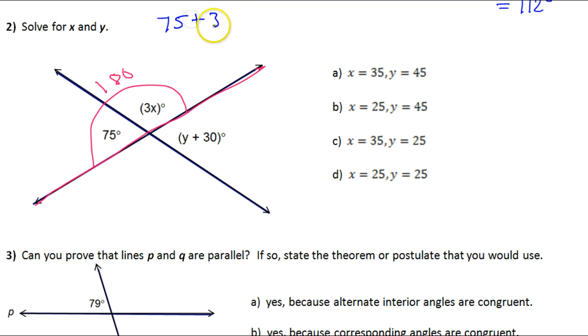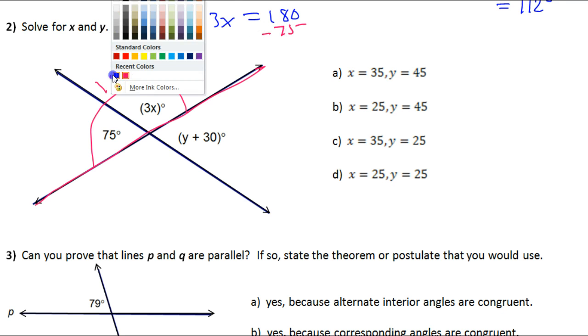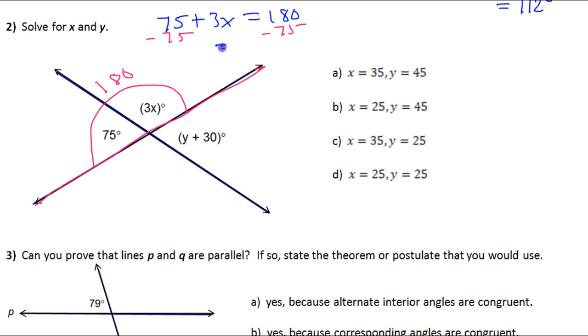So in other words, 75 plus 3x has to equal 180. You could subtract 75 from both sides, and that would tell you that 3x is equal to 105.